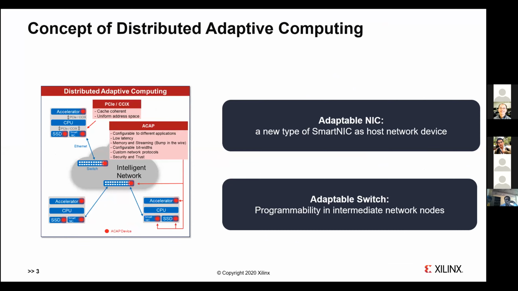We call it ACAP for short. And this addresses the challenges posed by the two major data center trends I just mentioned, which are offloading and disaggregation.